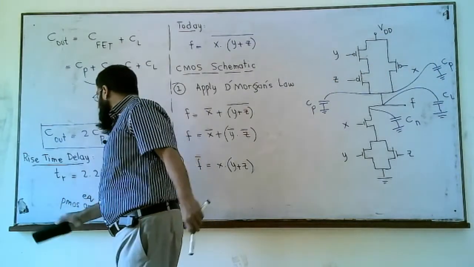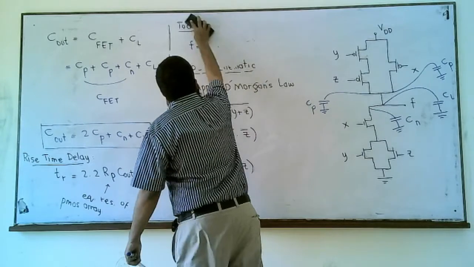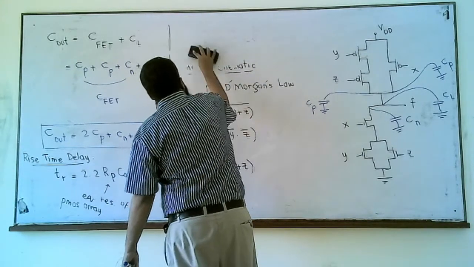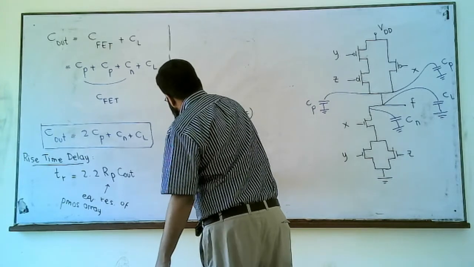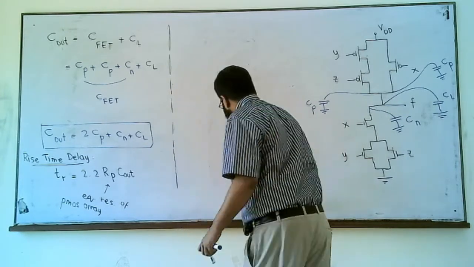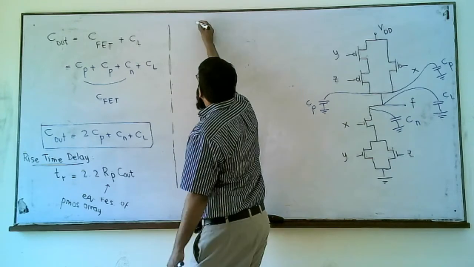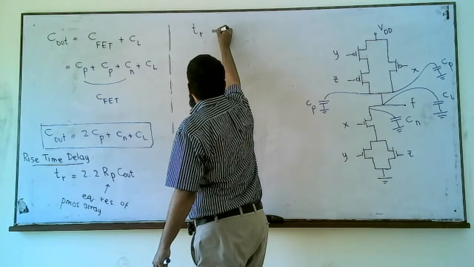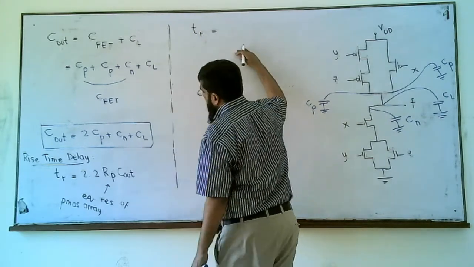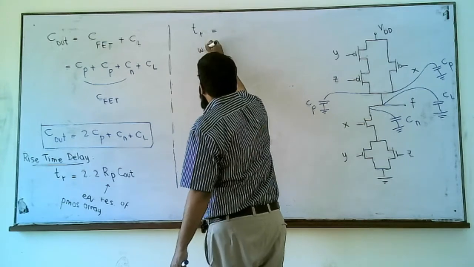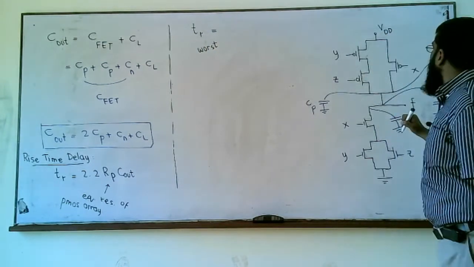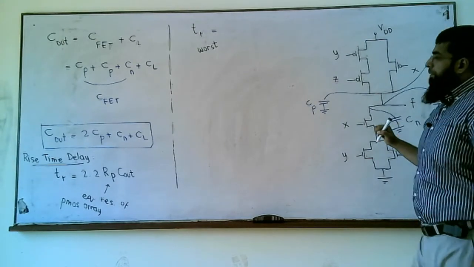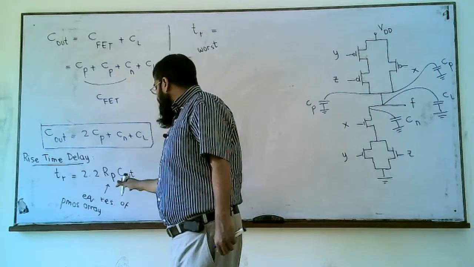So what we want to do is to find this Tr, the rise time delay. Tr is written as 2.2 Rp Cout, and Tr worst is the time when we have this Tr at its max value.